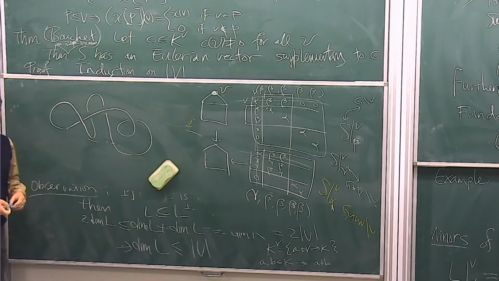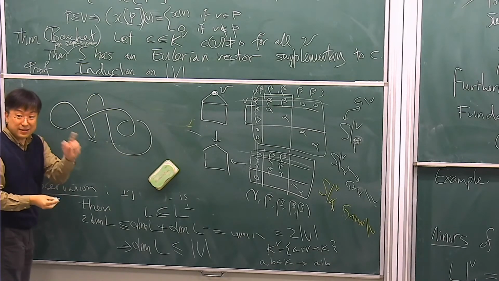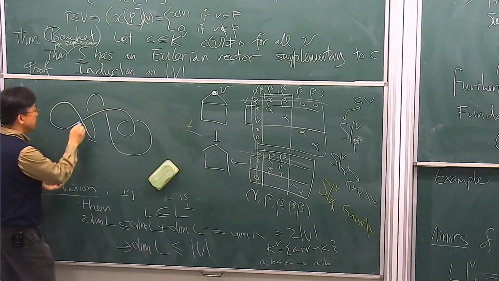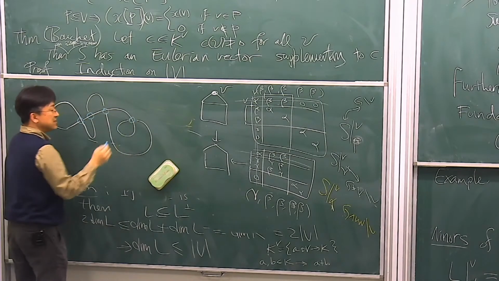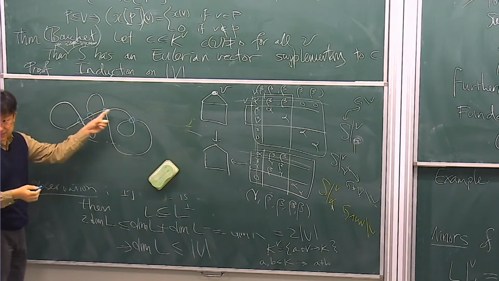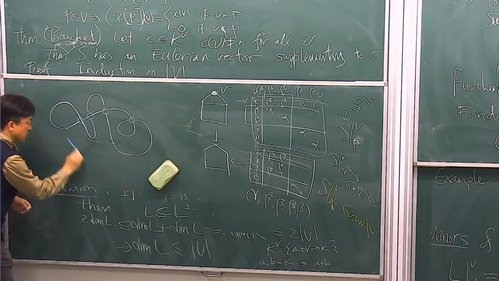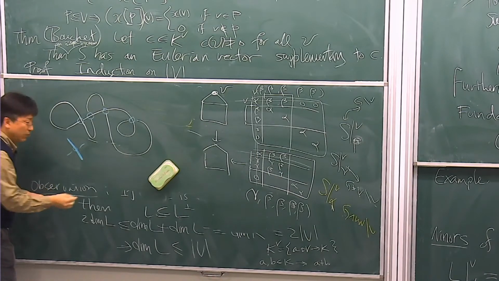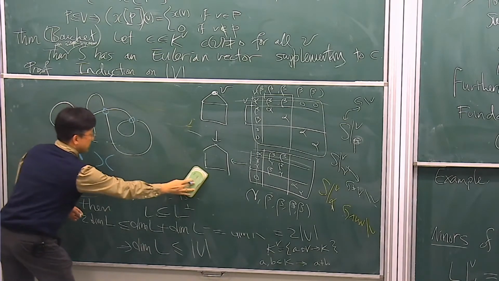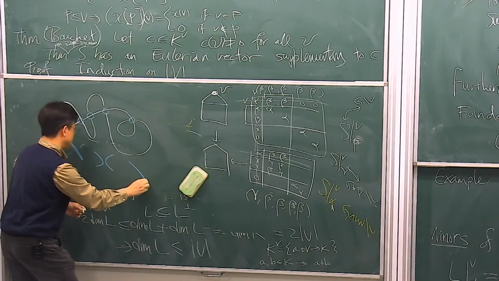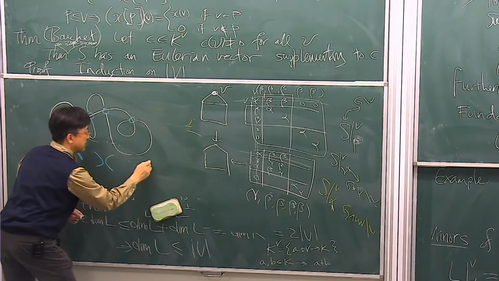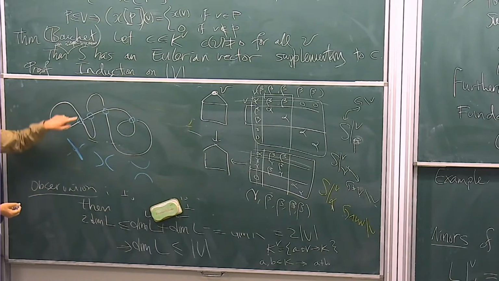Now, how do you get an isotropic system? At each vertex, at each intersection, you have three possible transitions. You have this transition, or that transition, or that transition, at each crossing.